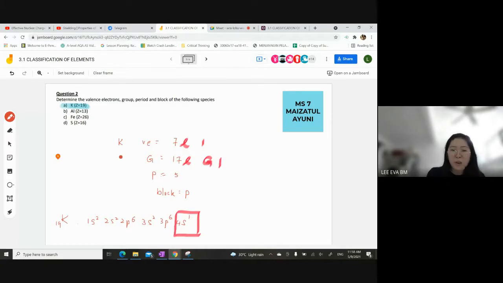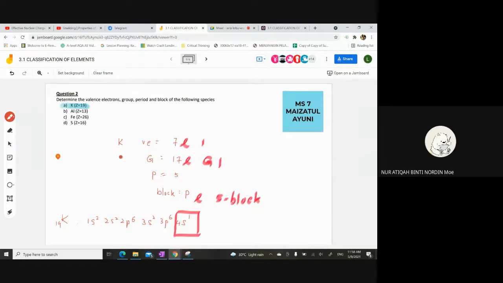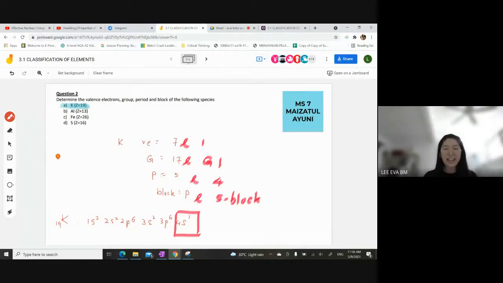If it has 4s1, the last electron enters the s subshell, so which block? S block. And where is the period? 4. Why 4? Highest energy level, the highest value of n. So please practice writing your electronic configurations. Valence electron determines the group, the period depends on the highest value of n, and the block depends on where the last electron enters.